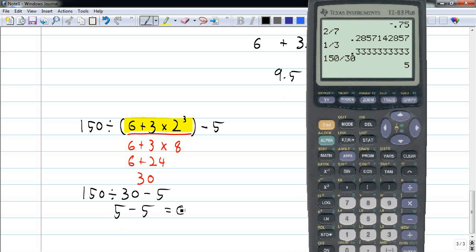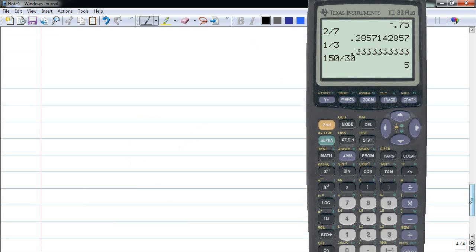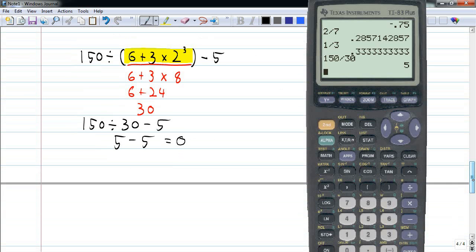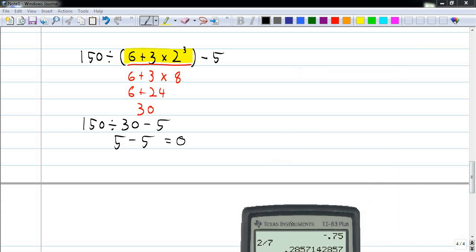Now the thing to remember about parentheses is sometimes we write them out, as you've seen here. But other times the parentheses are implied because of how the expression is written. In this example, when it's written this way, I have to put the parentheses here.